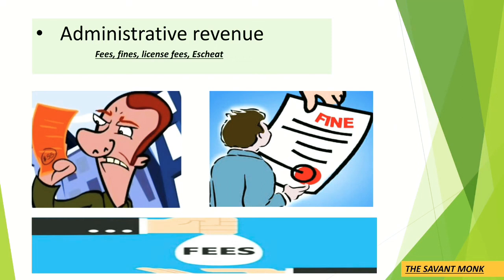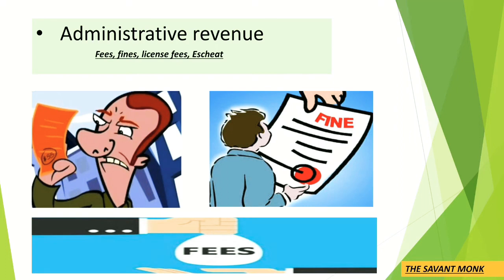So if no one is there as your successor, then the government will take all your properties. Here, neither the assets of the government are reduced nor any liability is created. So it is a part of your budget receipt, and that too revenue receipt.